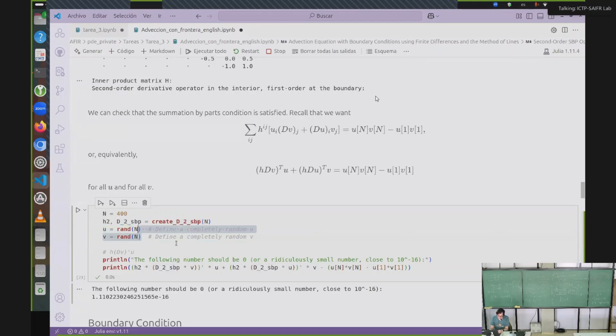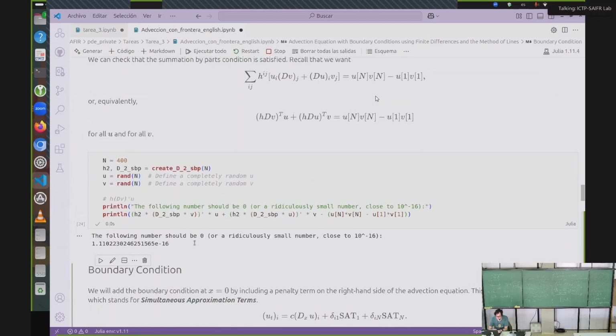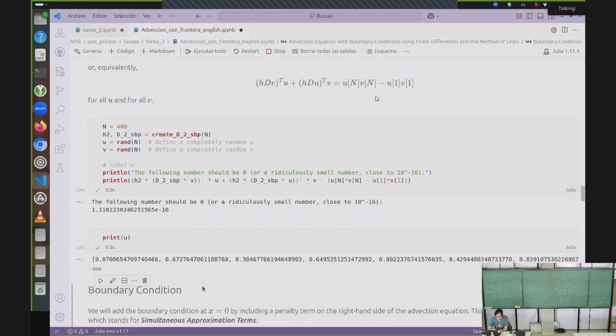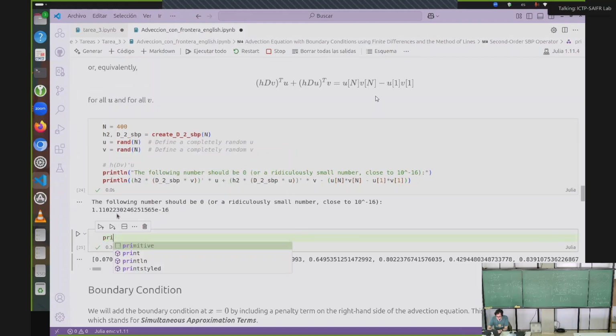And what we are doing here is defining some U and V values that are completely random, right? So U and V are just random numbers. If we print here what we have for U, we have just some random garbage values.